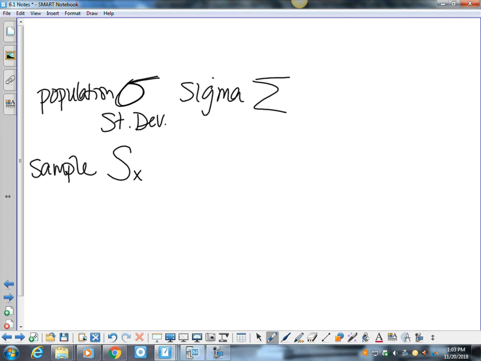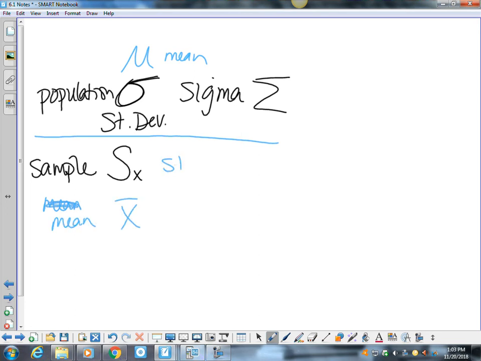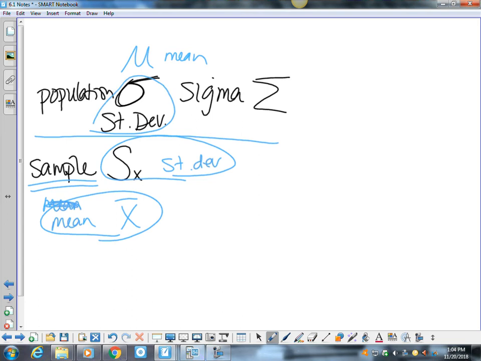It's not a Z. It's mu. That's the mean for a population. What's the mean for a sample? X bar. So this is standard deviation and this is mean, all for a sample. This is standard deviation, and this is mean, all for a population. Okay, we'll take a trip down memory lane there.